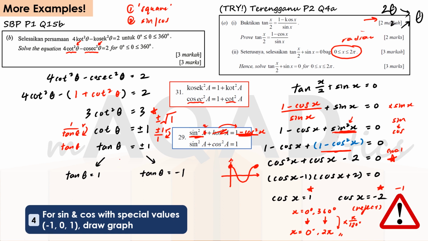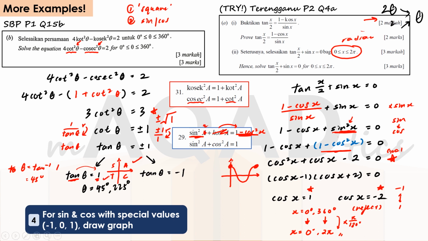The method to help us solve this one would be the ASTC method. If I move the tan to the right side to find my theta, it would be 45, and here tan is positive, so it's A and T, which would be these two values. For the right side, the only difference is this is negative.